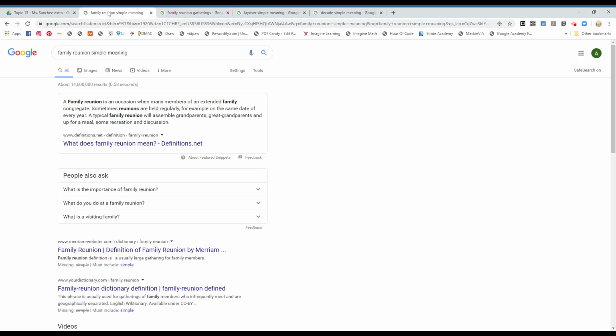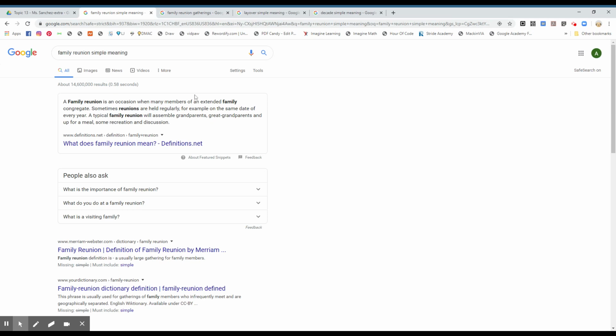And family reunion, boys and girls, the definition of a family reunion is an occasion when many members of an extended family congregate. Sometimes reunions are held regularly, for example, on the same date of every year. A typical family reunion will assemble grandparents, great-grandparents, and up for a meal, some recreation and discussion.